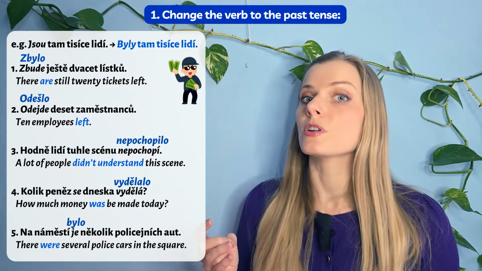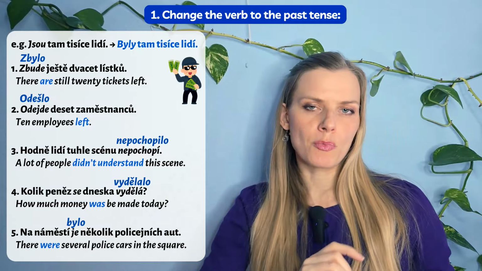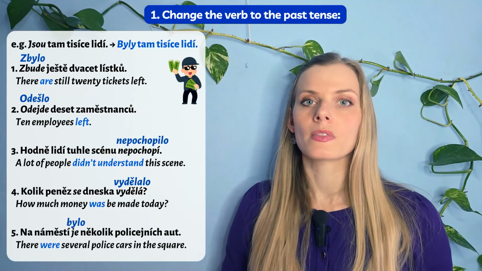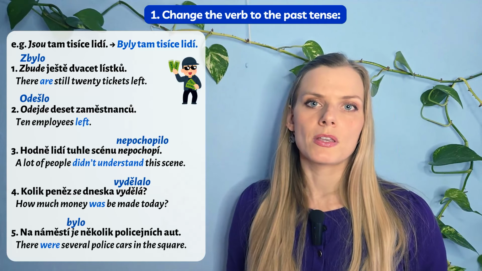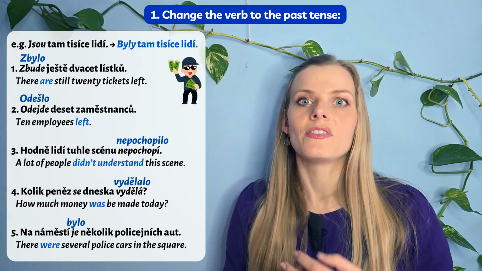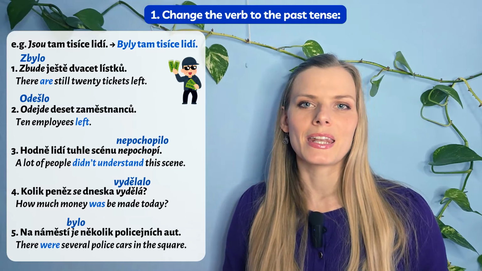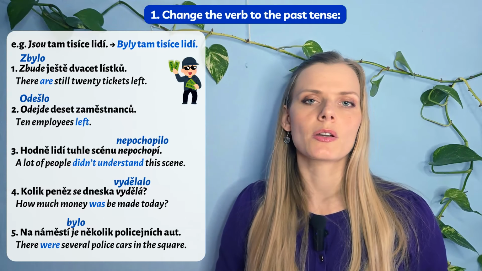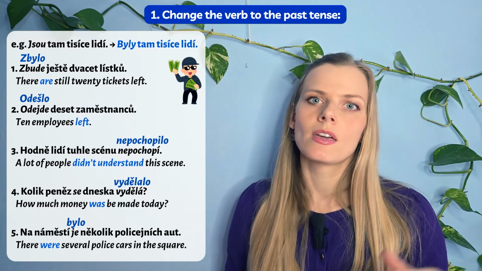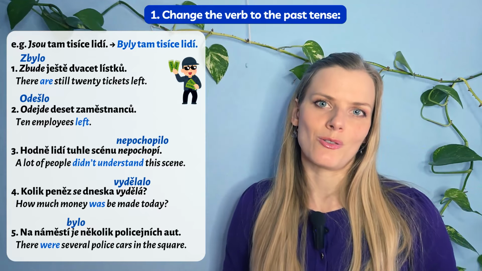Hodně lidí tuhle scénu nepochopilo. Because of hodně. Číslo 4. Kolik peněz se dneska vydělá? Kolik peněz se dneska vydělalo? A číslo 5. Na náměstí je několik policejních aut. Na náměstí bylo několik policejních aut.